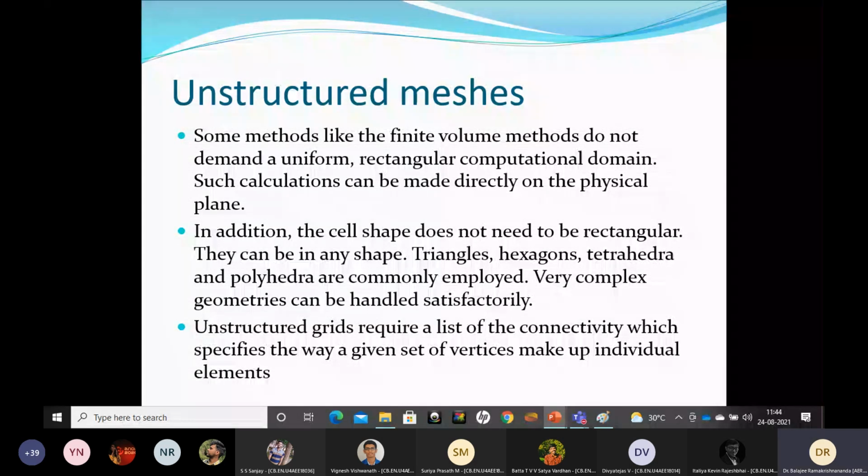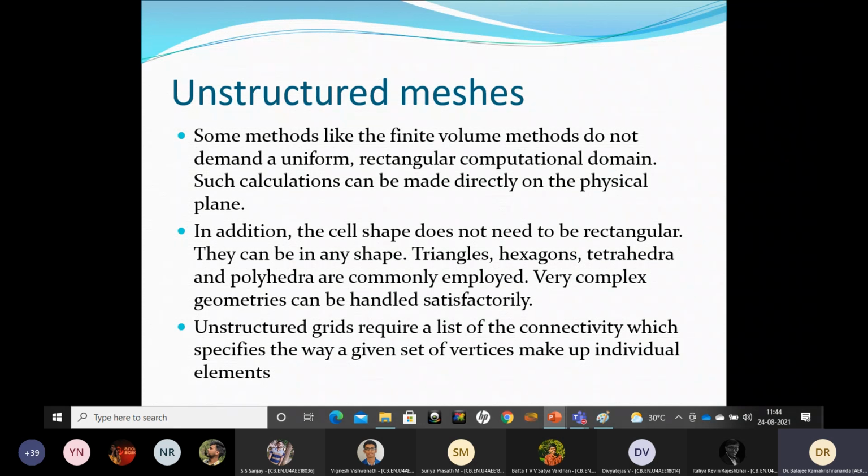They can be any shape, which means you cannot order a grid like I comma j is this point, but instead you'll have a number of vertices. So you have to name the vertices in one single way, x, y, z of a vertex. Vertex number 1, 2, 3, 4, 5, 6, like that you have to specify the vertices. So you should know which vertex is adjoining the next cell and things like that.